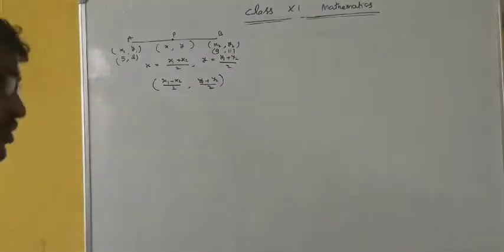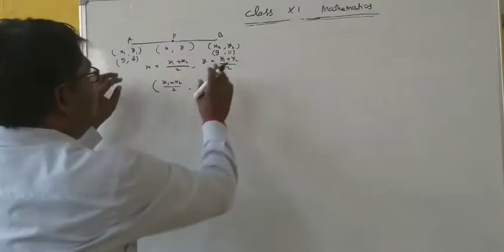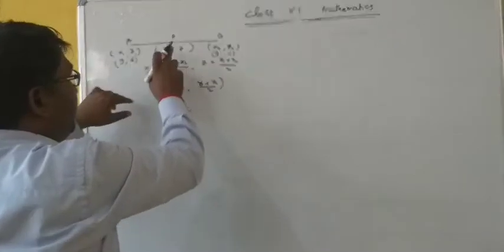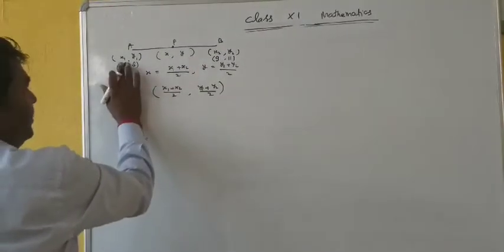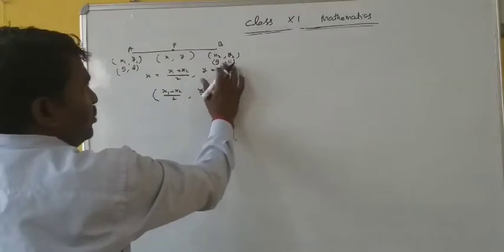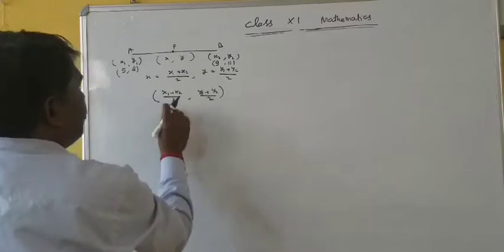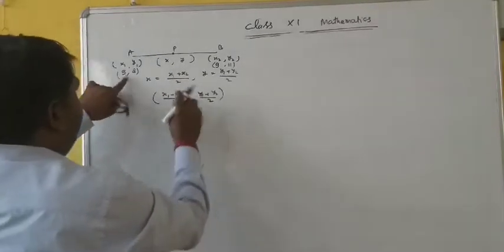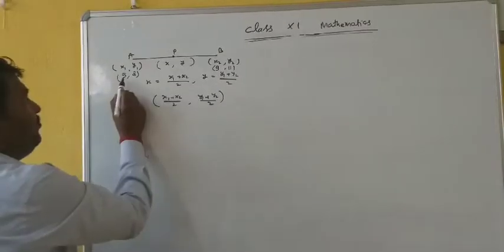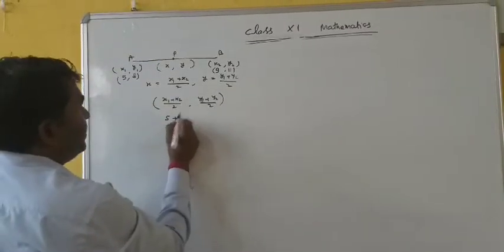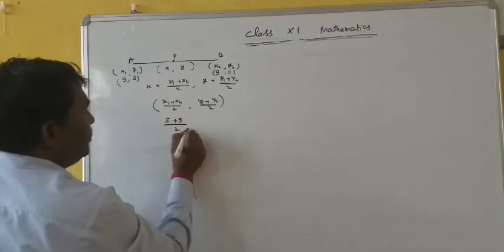So if these two coordinates are given, you have to find the coordinate of the midpoint joining these 2 points. So let one point be x1, y1, the other point x2, y2. Applying the midpoint formula, what can you write? Coordinate of midpoint: x coordinate of first point 5 plus x coordinate of second point 9 divided by 2.